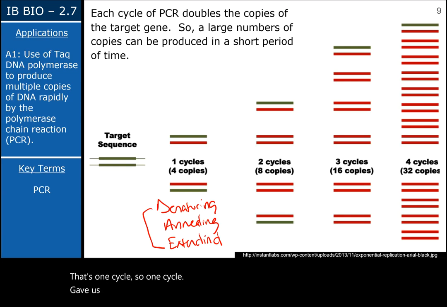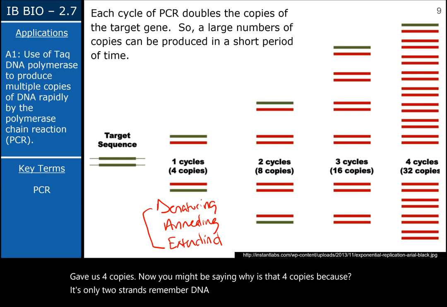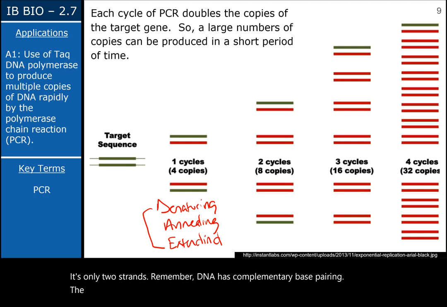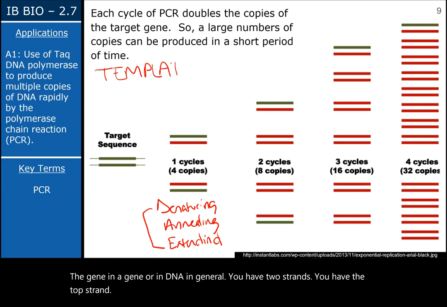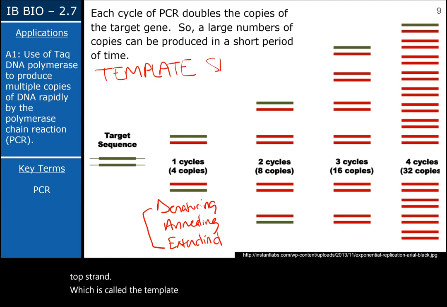Now you might be saying, why is that 4 copies? Because it's only 2 strands. Remember, DNA has complementary base pairing. So the gene, or in DNA in general, you have 2 strands. You have the top strand, which is called the template strand. And this will make more sense when we talk about transcription and translation.